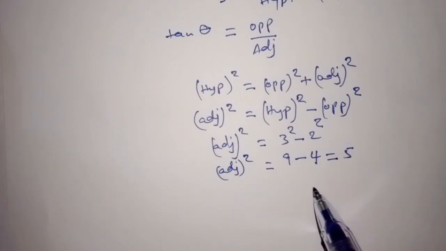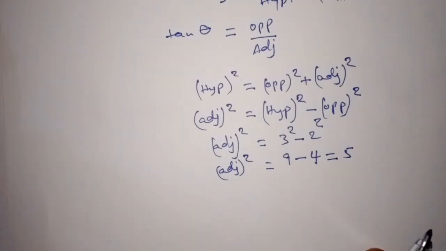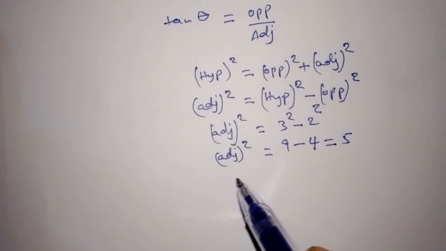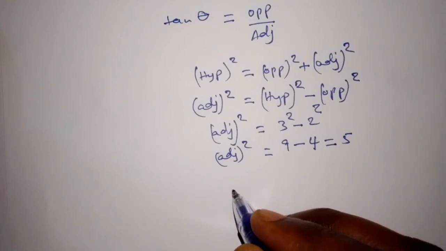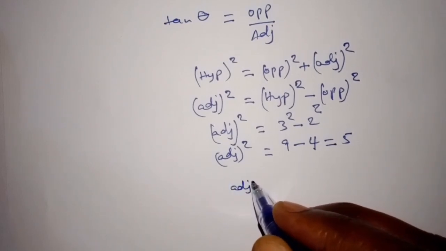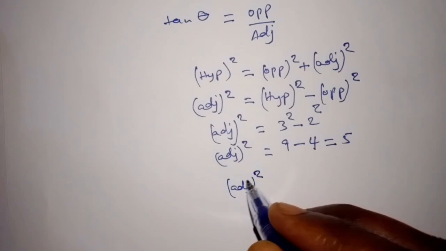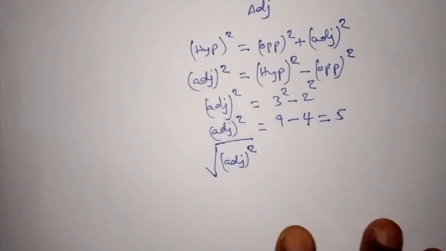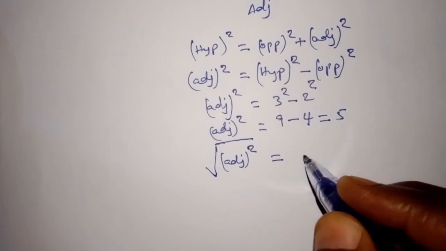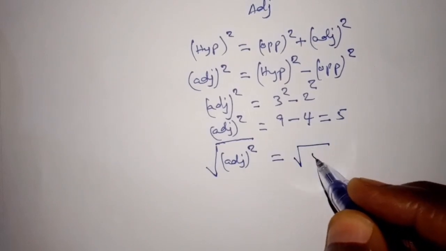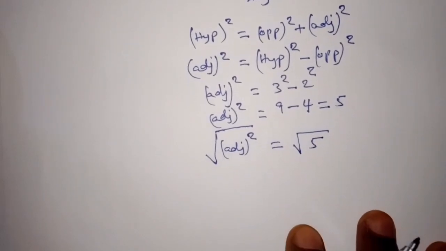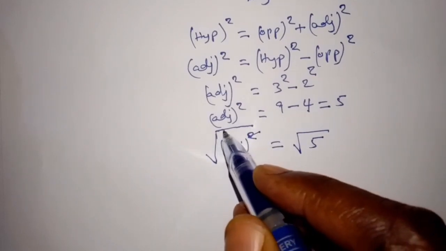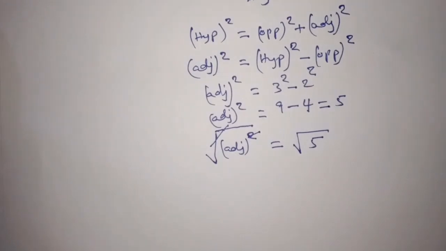Then now we can take the square root of both sides. You can say that the square root of adjacent squared is equal to the square root of 5. So the square will cancel the square root.